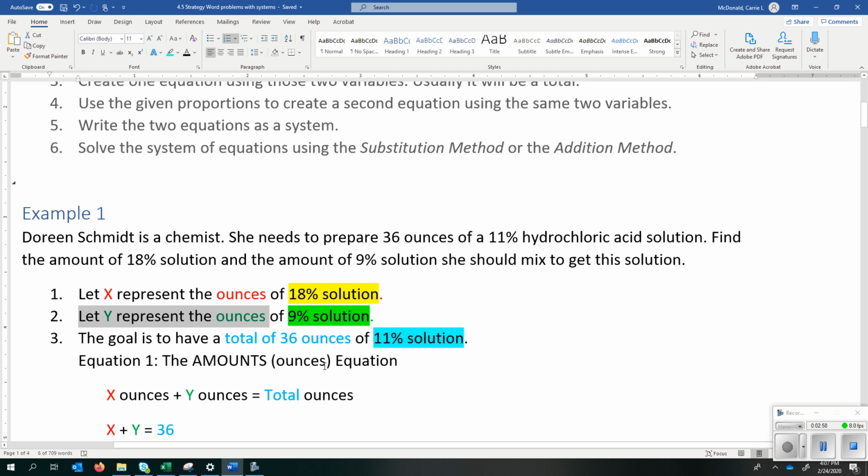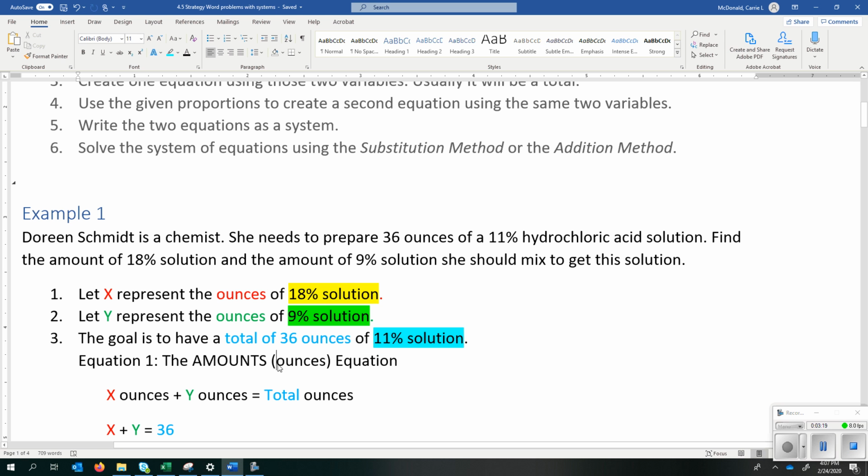Pour a little from each jug into a new jug to create a new solution. And we've been told that there should be a total of 36 ounces in the new solution, and it should have 11% strength.